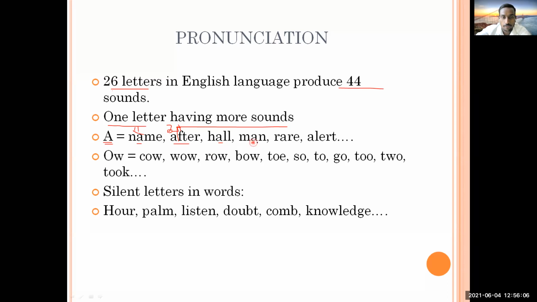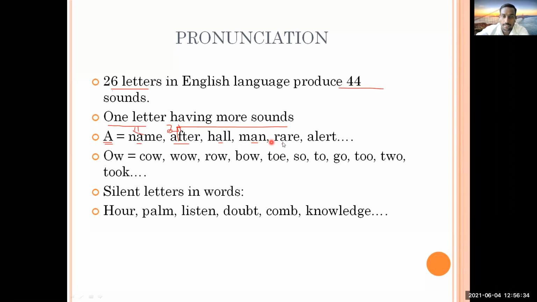Now here again we have letter A. Which sound are you getting here? Don't mute yourself, you have to reply. Man. Yes, man. This is the a in man. Now again we have A here.